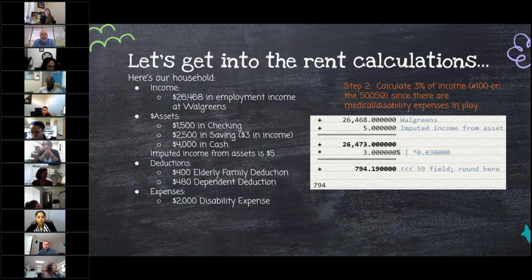So we add the income from assets to the Walgreens income. We get $26,473 multiplied by 3% gives us $794. This is a 5/9 field, so we would round to 794. Drop the 19 cents.